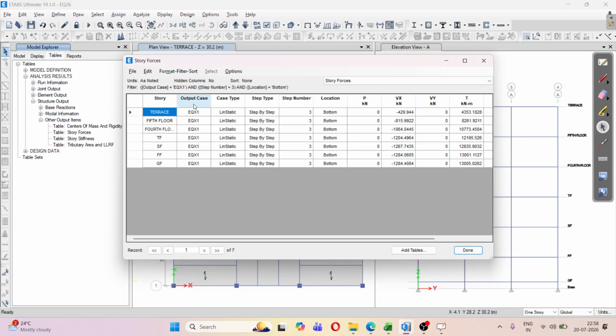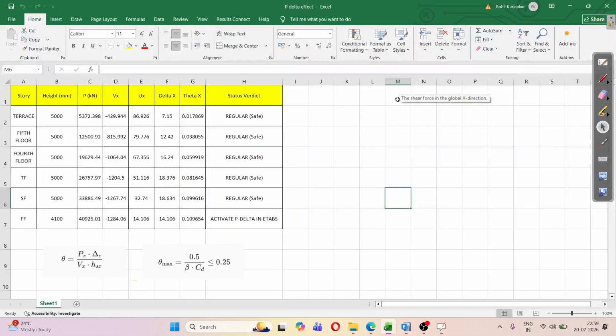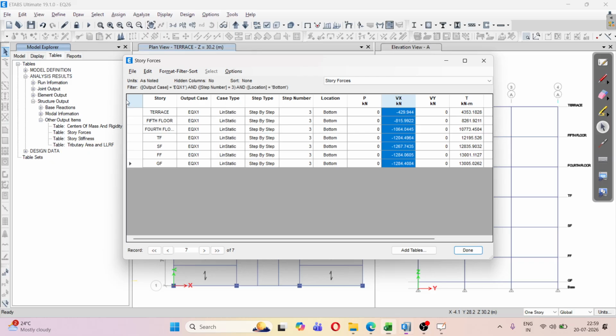So you have to select the earthquake case, whatever name you have given, equivalent static or response spectrum case, and you have to select this column, that is Vx, shear force in global X direction. You have to check for both EQX and EQY. I am showing for EQX only. So I have pasted the Vx here.